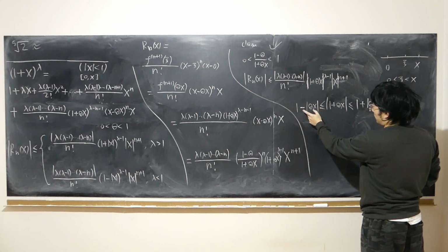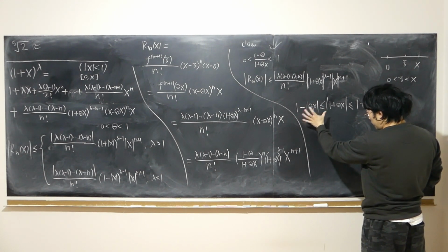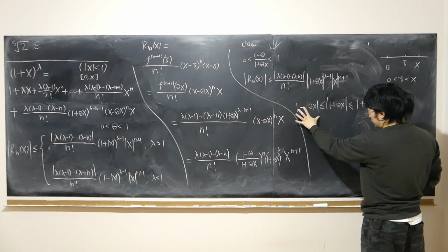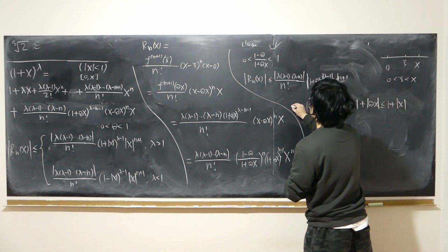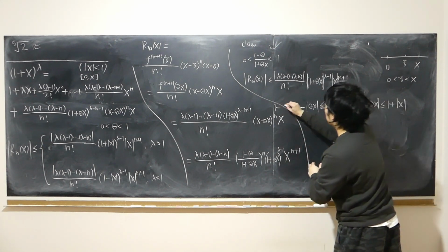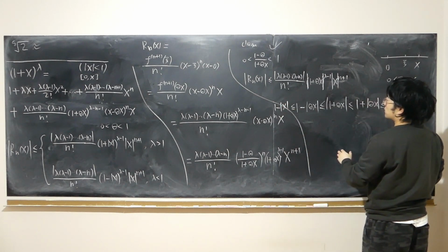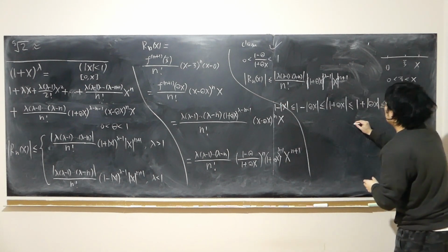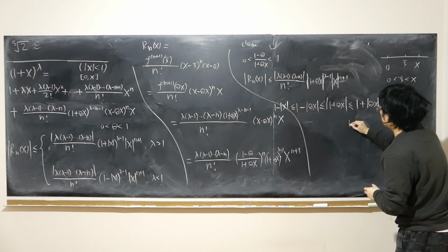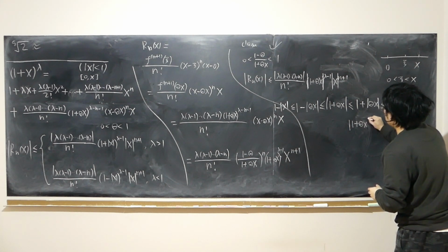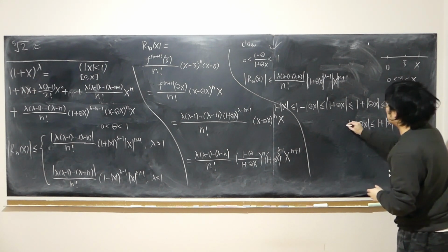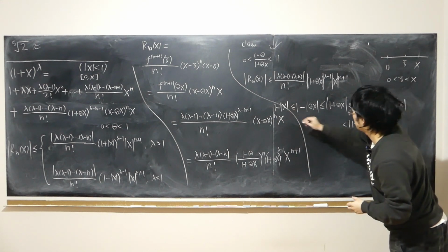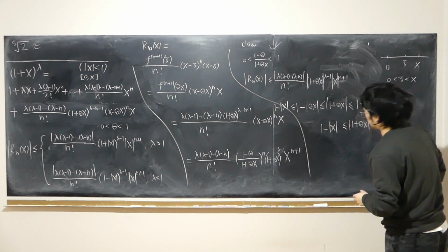Since I have a minus sign in front, the minimum possible value of this whole left-hand side can only reach 1 minus absolute value of x. That's the minimum value. So in the end, my conclusion is that the absolute value of 1 plus theta x is no larger than 1 plus absolute value of x, and no smaller than 1 minus absolute value of x.